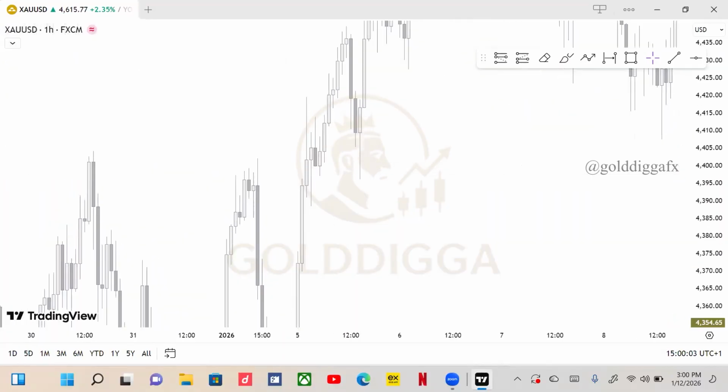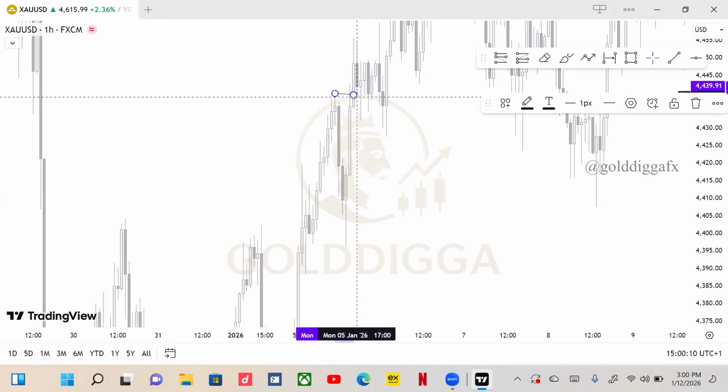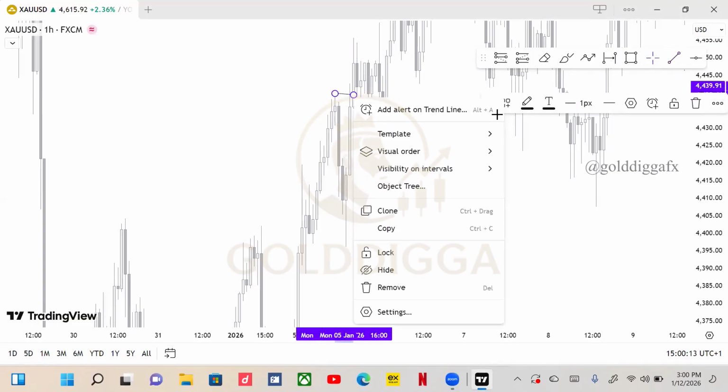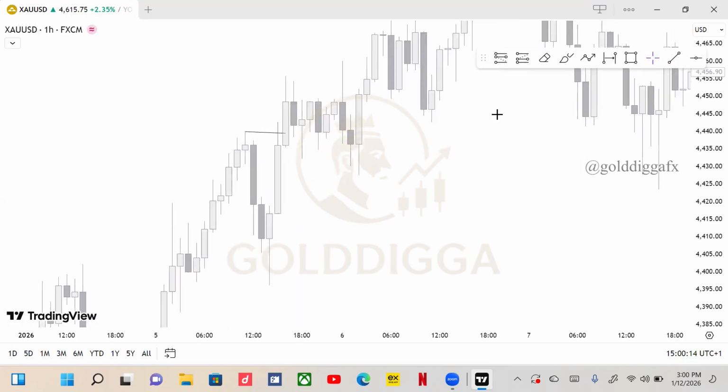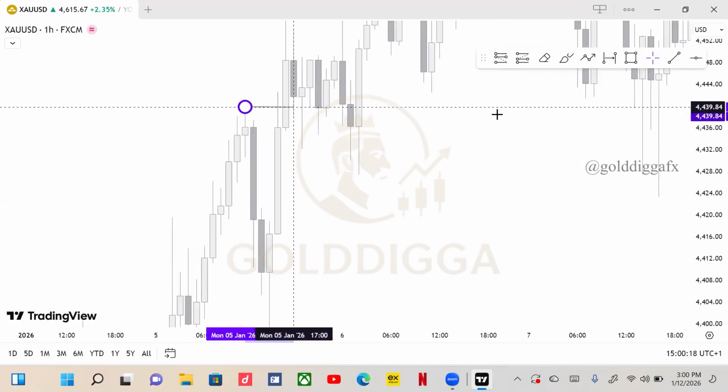Now, we are in an uptrend, right? And this is the 1 hour higher high, right? And price is pulling back.